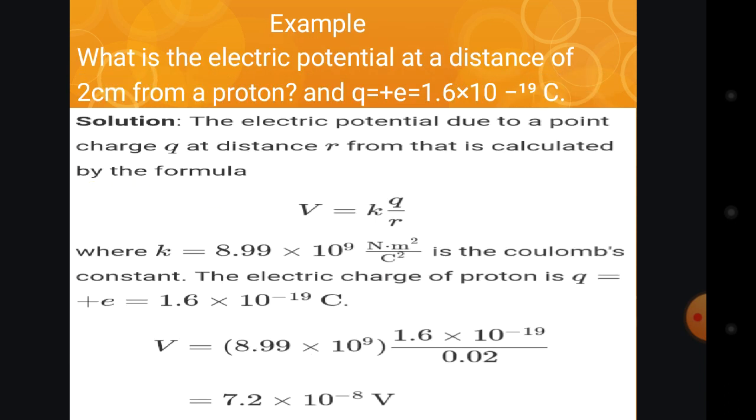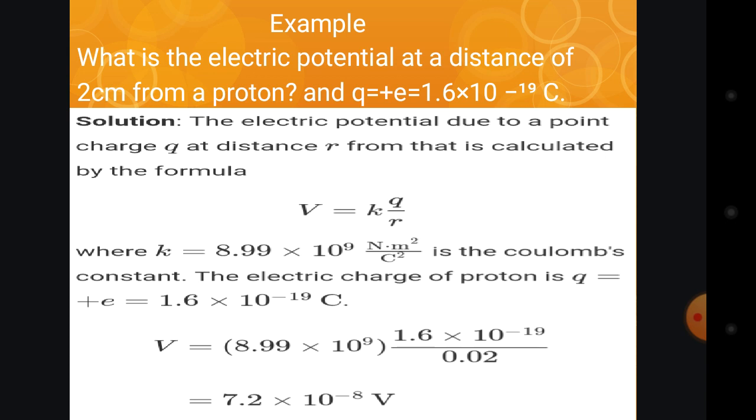So let's solve an example about electric potential. The example asks us to find the electric potential at a distance of 2 centimeters from a proton, where the charge is positive e, with a value of 1.6 times 10 to the power of minus 19 Coulomb.